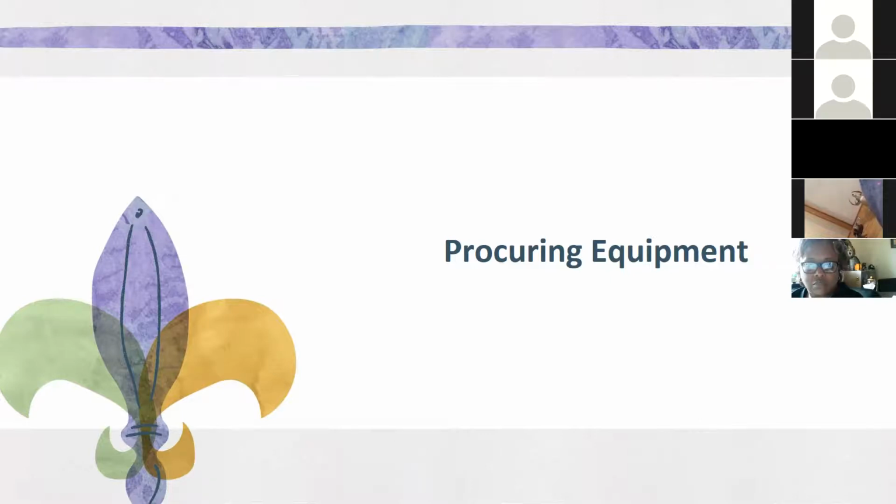Additionally, we'll discuss how to obtain the required documentation to ensure that the equipment purchase is both an allowable purchase with CMP funds and the correct procurement method is utilized and documented. Using these methods will ensure preparation for child nutrition program and other financial audits.